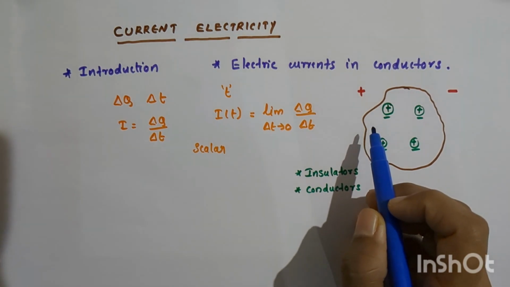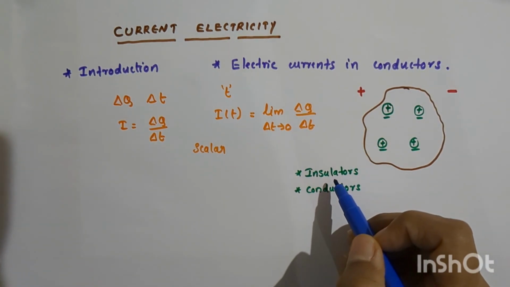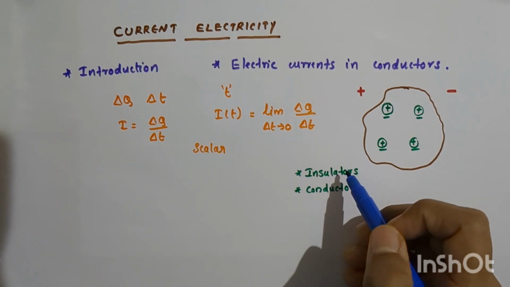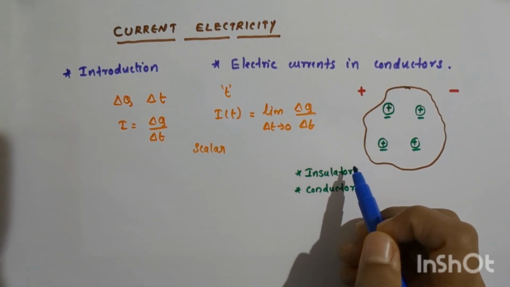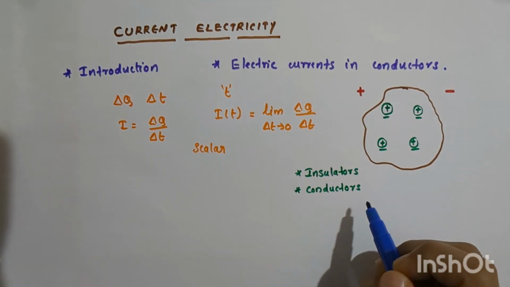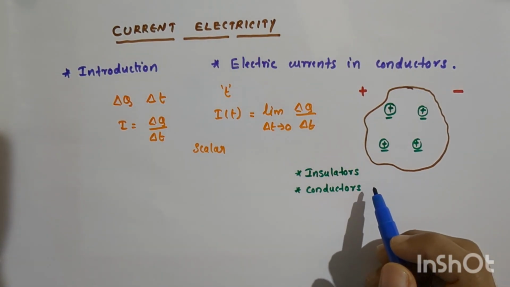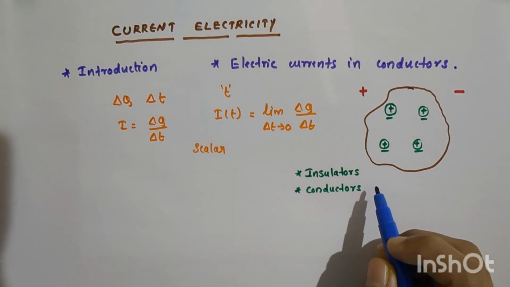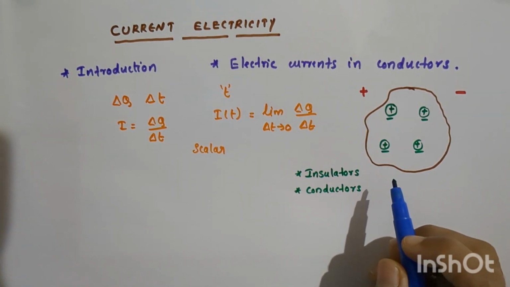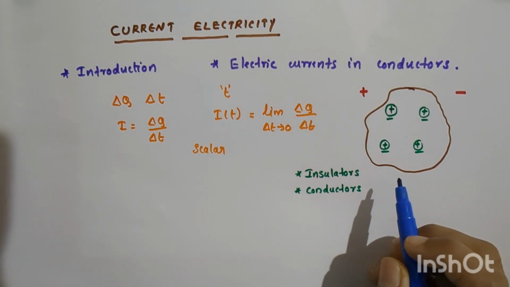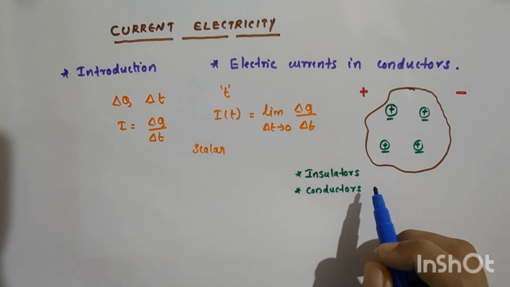Such materials are known as insulators. For example, wood is an insulator. But in some materials like metals, some of the electrons can practically move within the material. Such materials are known as conductors. These electrons can develop an electric current in them when an electric field is applied across the conductor.